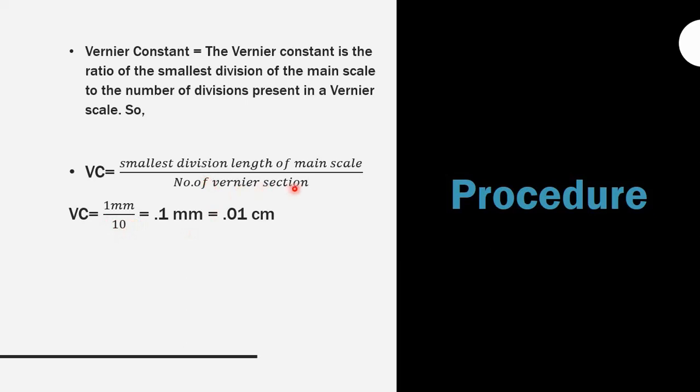This is the number of vernier sections, how many sections we have in a vernier scale compared to the main scale. The vernier constant is 0.1 millimeter, and if we convert it to centimeter, it will be 0.01 centimeter.